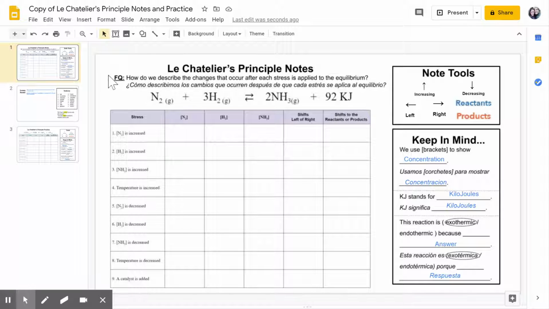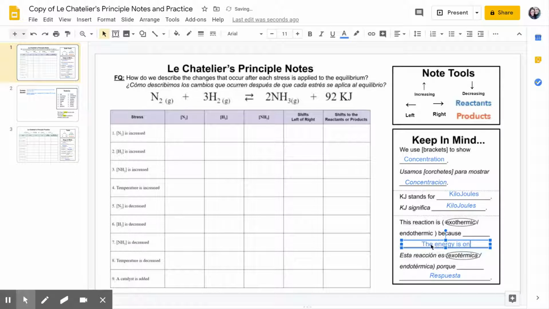So if heat is entering here on the reactant side and it is exiting over here on the product side, because the energy is on the right, or we could say the product. The energy is on the right.